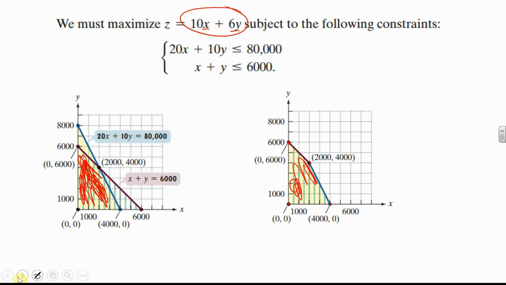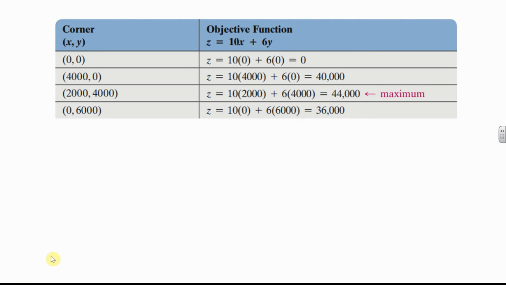Whichever value is the largest, that's your max. Here's where they do that. They take all those corner points for x and y, plug them into Z, and look for the max. They know that the maximum weight for that plane cannot exceed 80,000. To make that happen, they can have no more than 2,000 crates of water, and then 4,000 crates for the medical kits.